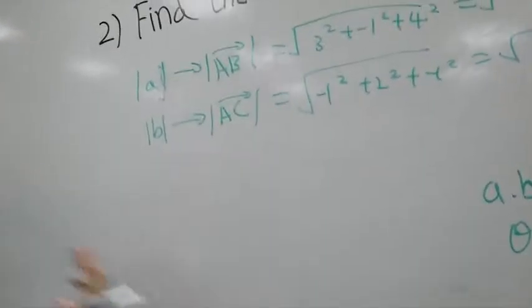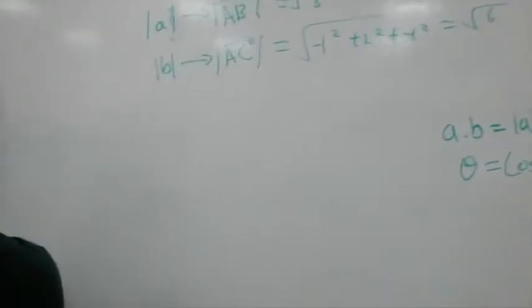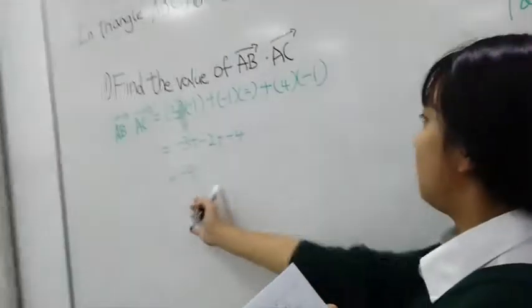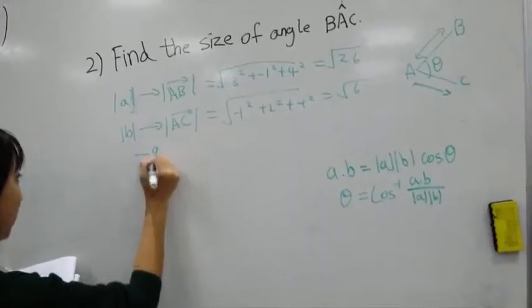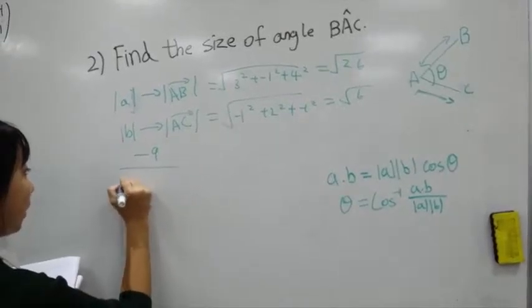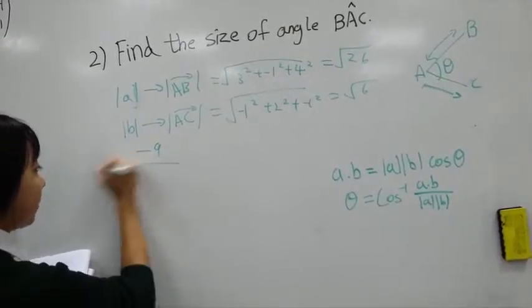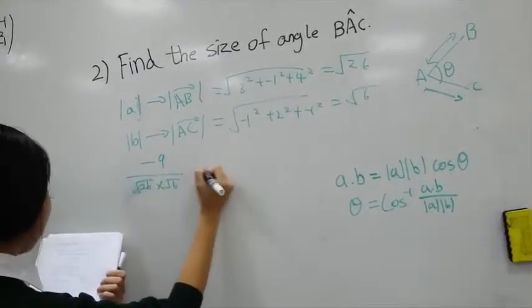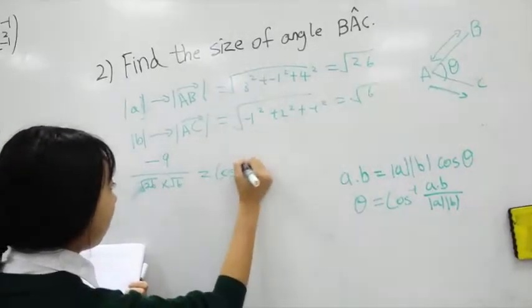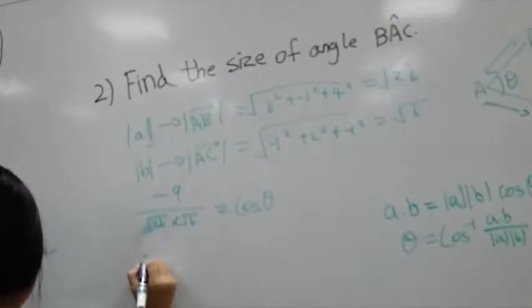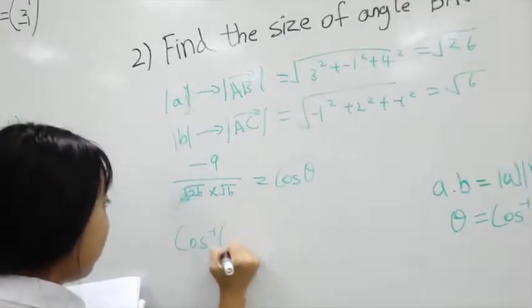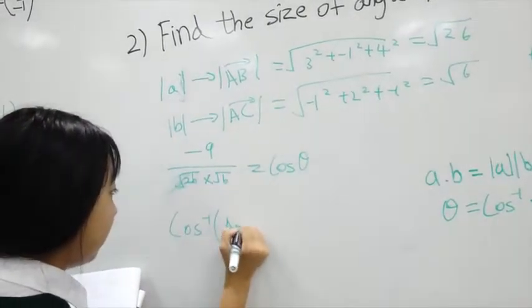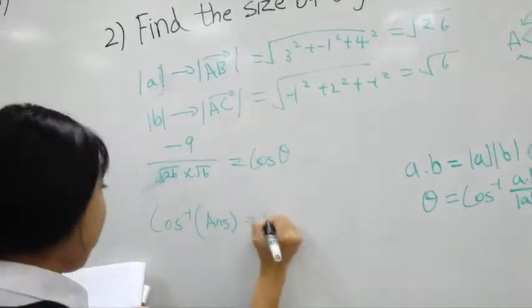And then from the previous question, we've got the value of AB times AC, and now we're going to put that in. So that's A times B, that's minus 9 over square root 26 times square root 6 equals cos theta. And cos minus 1 of the answer we have for this equals theta.